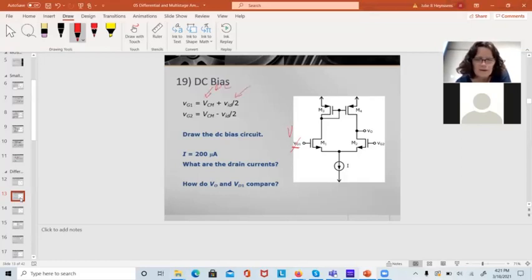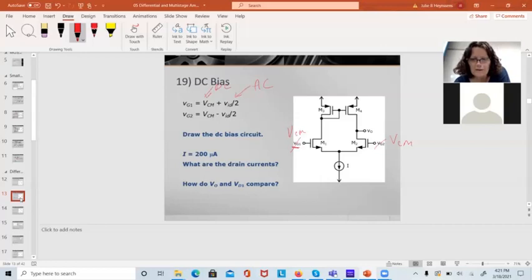The AC signal part is the differential mode. So for the DC circuit, I'm just going to put V common mode here on both of these and deactivate the AC part of the circuit. My signal sources stay in.